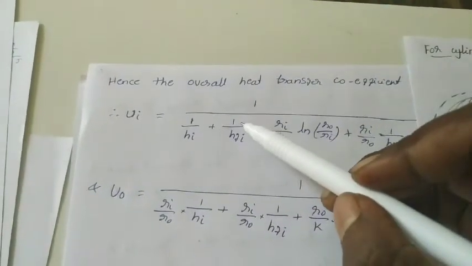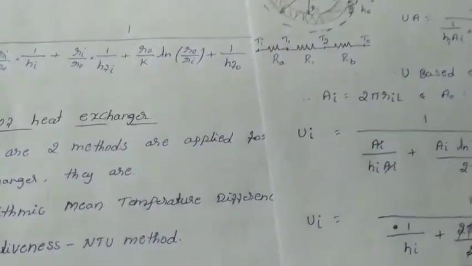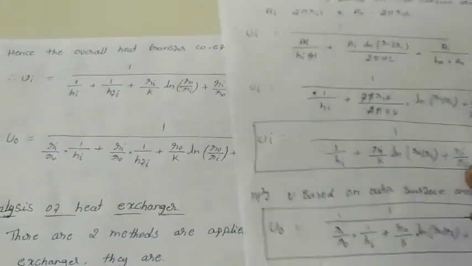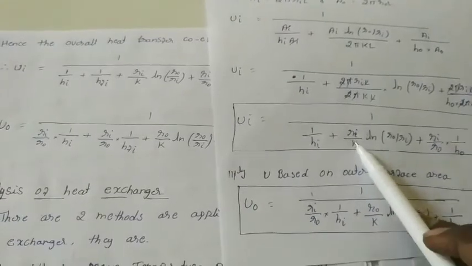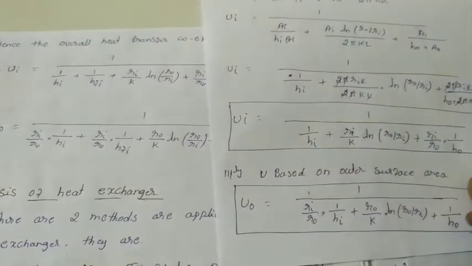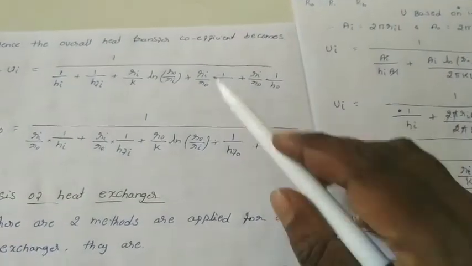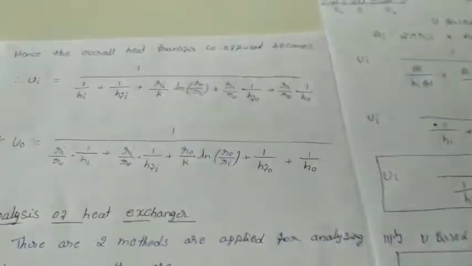So we write the fouling factor resistance as 1 by Hfi, plus, and in the same way we can compare Ri by k ln of Ro by Ri, plus Ri by Ro.